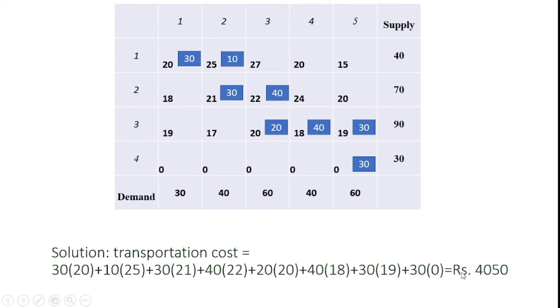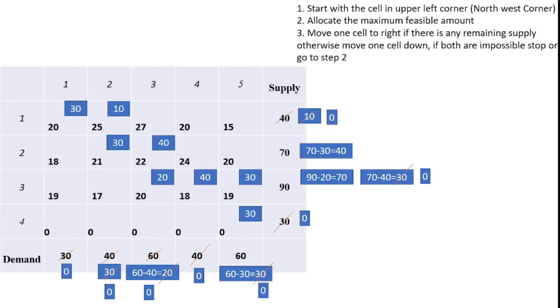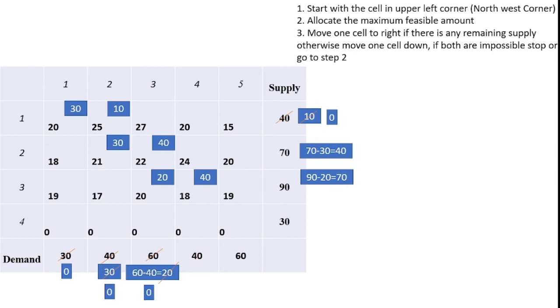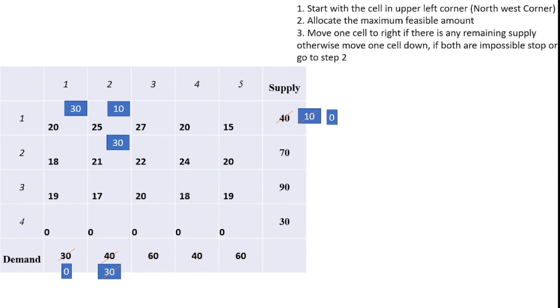From this I get a transportation cost of rupees 4050, which is the procedure we should follow to solve the unbalanced transportation model. So we introduce a new row with the cost of the unbalanced value, which is 30. Okay, this is the procedure to solve the problem with the unbalanced transportation model.